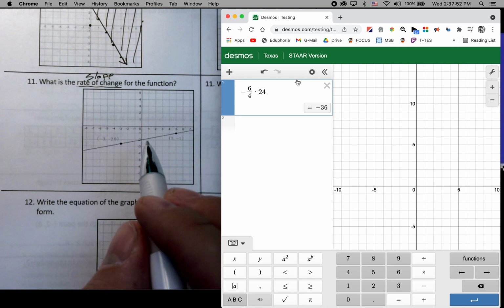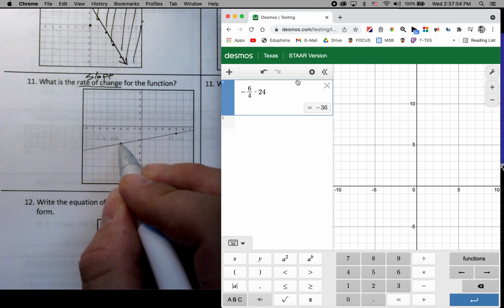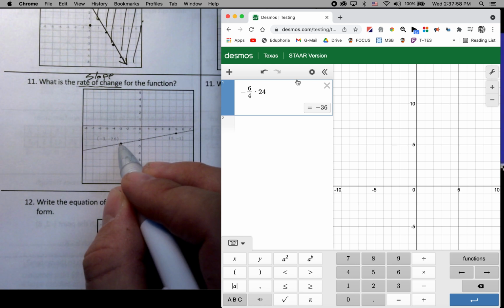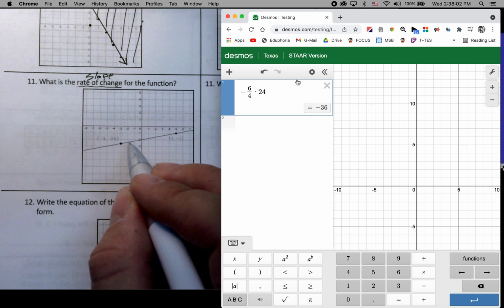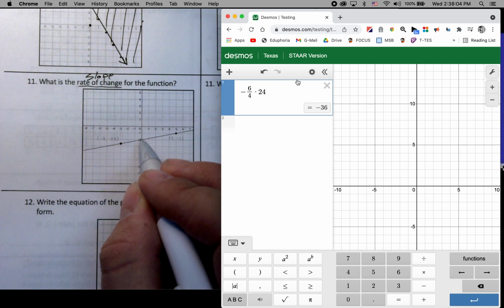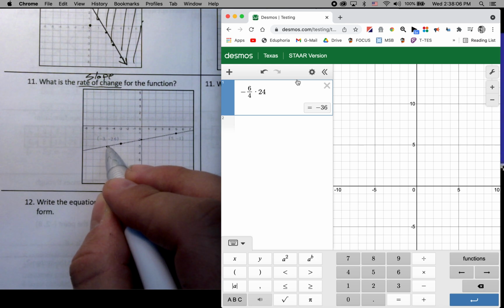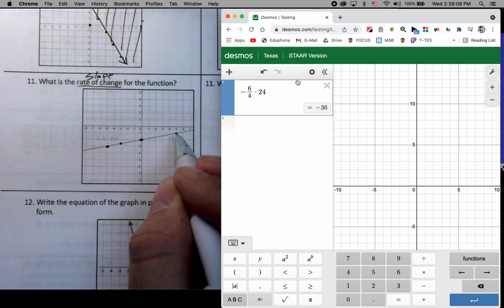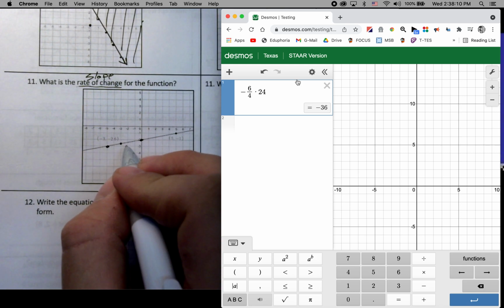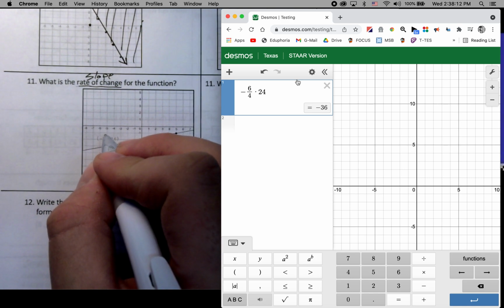Now, if you're going to count, do not, and I repeat, do not use this specific point, because this is not a significant point. You need to find a point that's crossing like here or here, okay? Those are significant points. If you want to use that point that they give you, you need to use the slope formula.